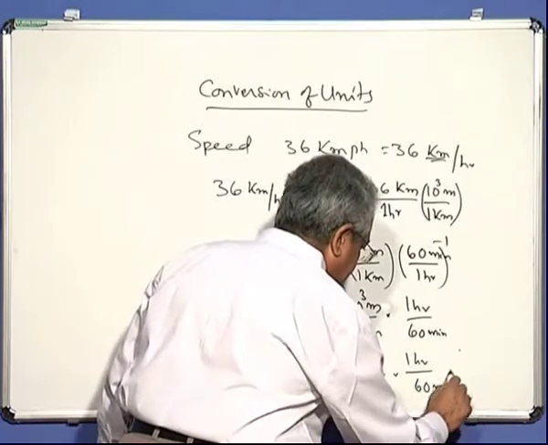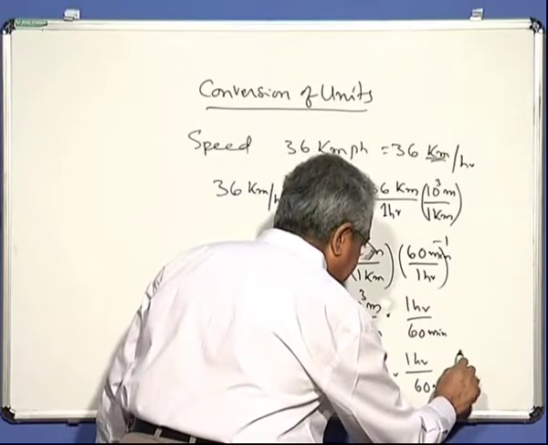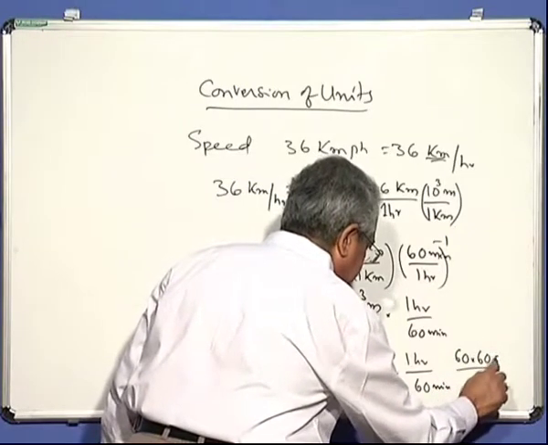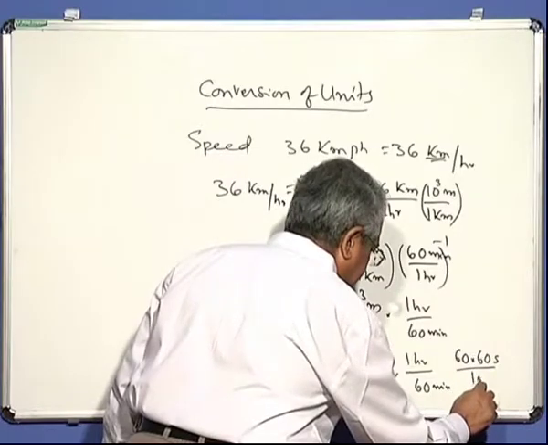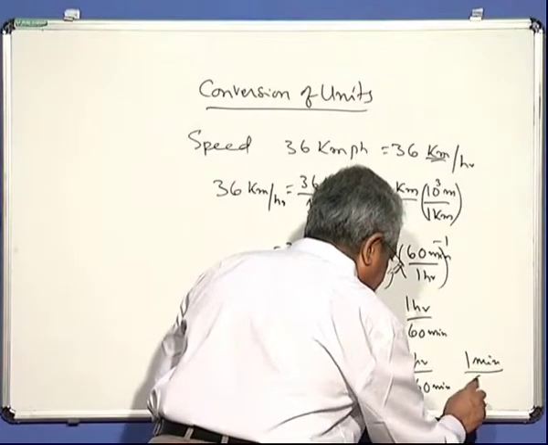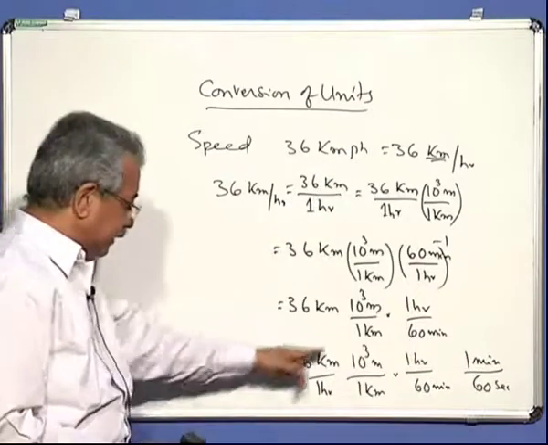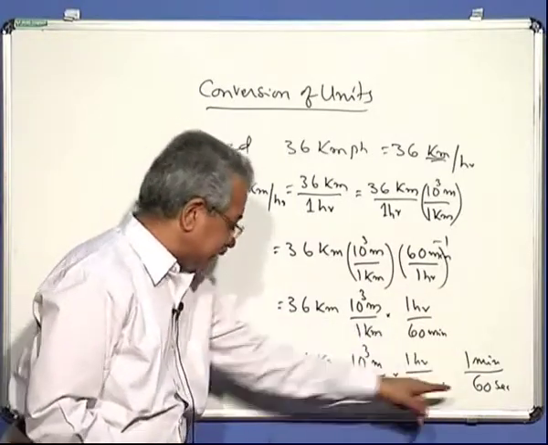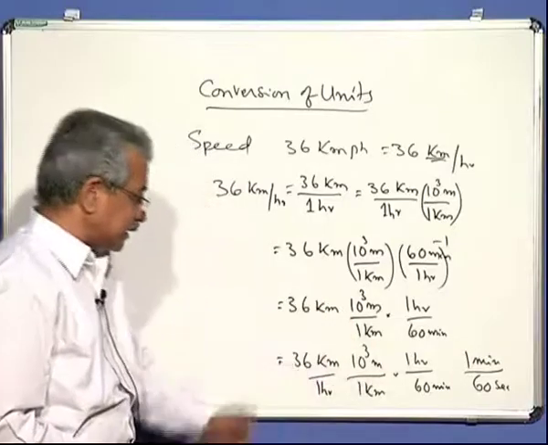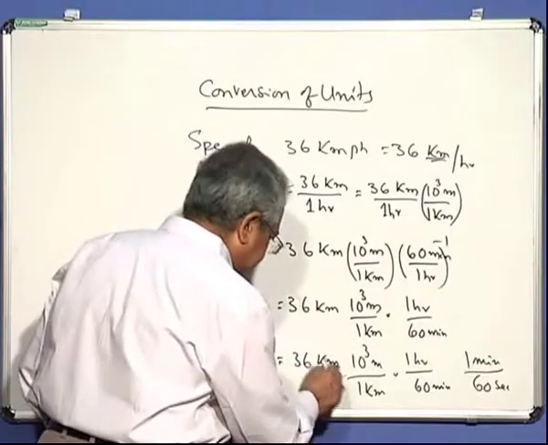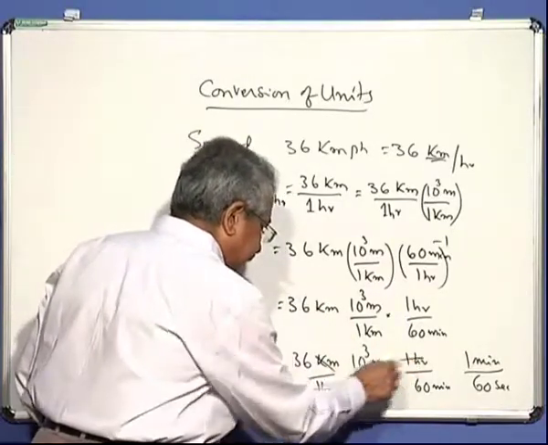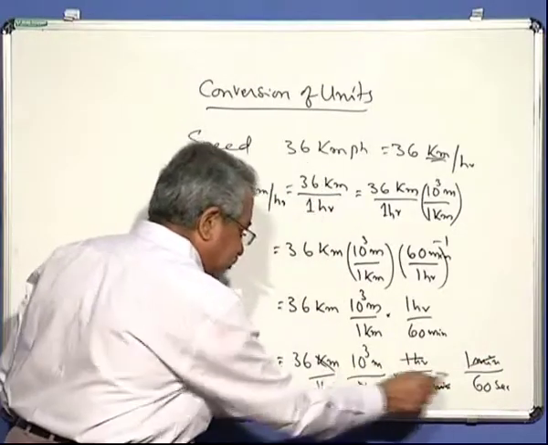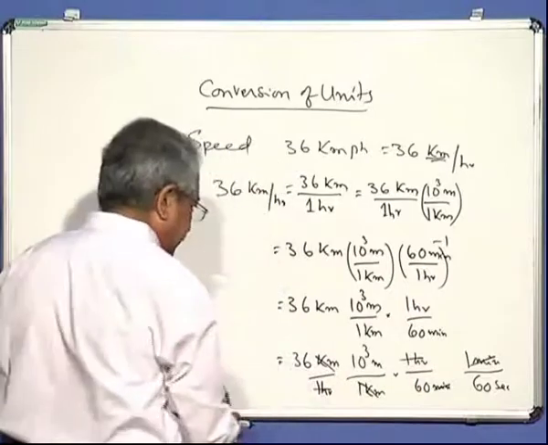So this is 60 into 60 seconds, 1 minute by 60 seconds. So we have put the ratios which are equivalent: 1 hour is equal to 60 minutes, 1 minute is equal to 60 seconds. We have put them accordingly. So then what happens? The kilometer gets cancelled here, the hour gets cancelled here, the minute gets cancelled here, and you are left with this. What is this here?